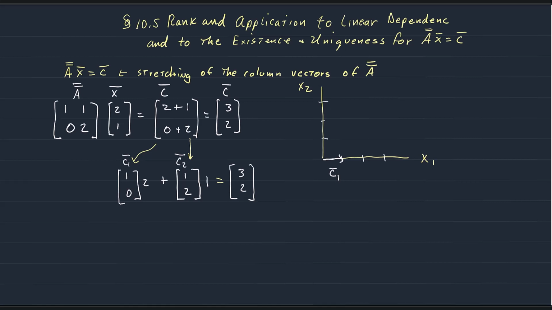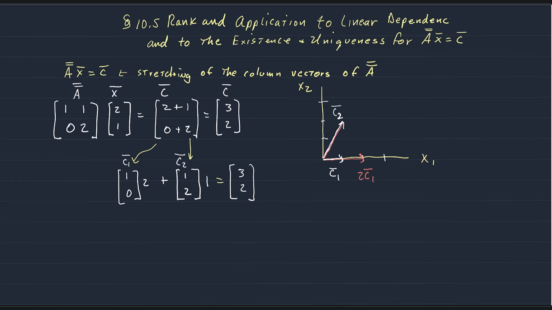And column 2 goes over 1 and up 2, so this is column 2 of A. When we multiply by x, we're stretching column 1 by a factor of 2, and for column 2, we're stretching it by a factor of 1.